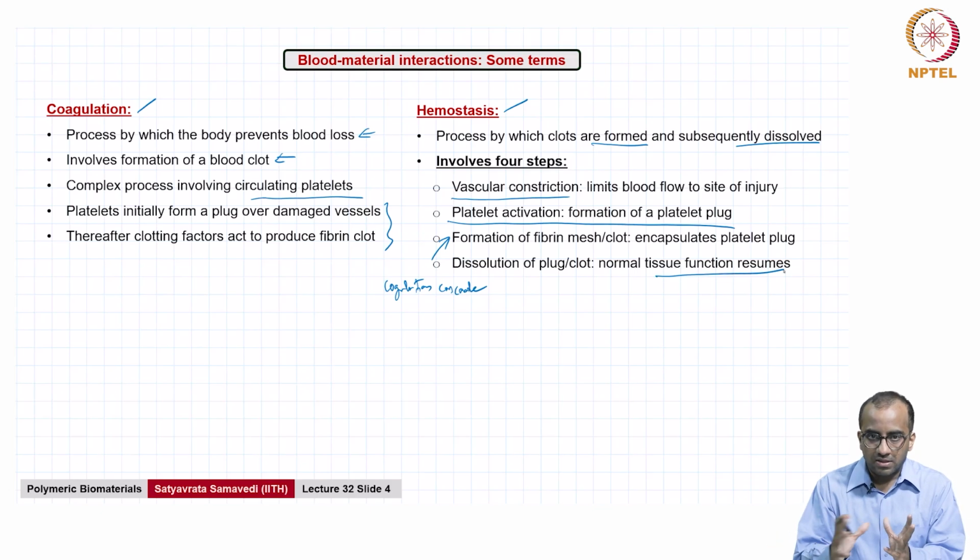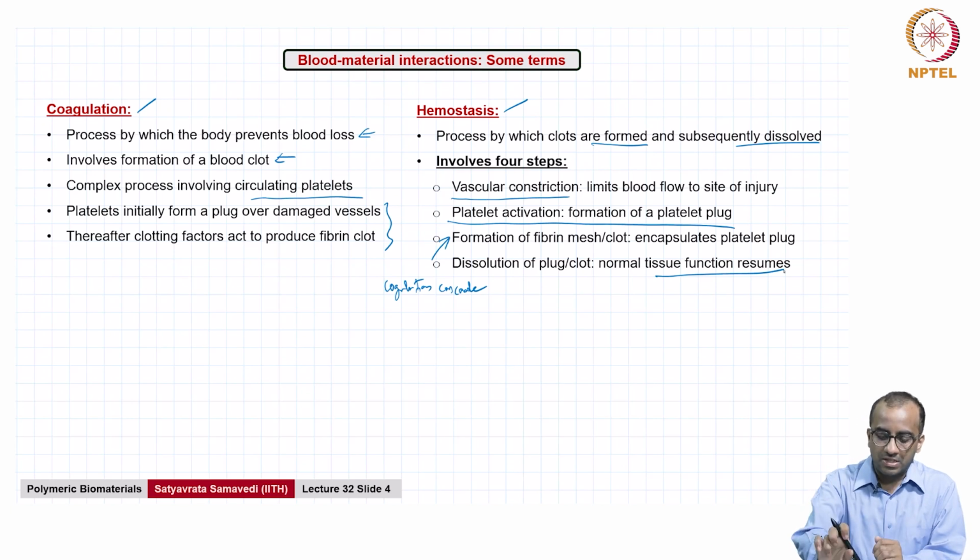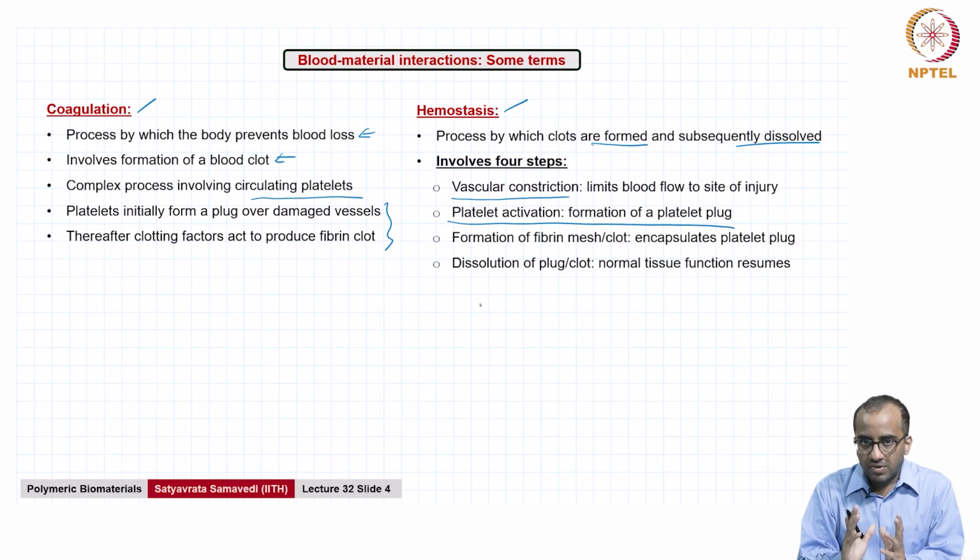So, that set of processes that are involved in forming and resolving a clot, and the balance between them is what is called hemostasis.